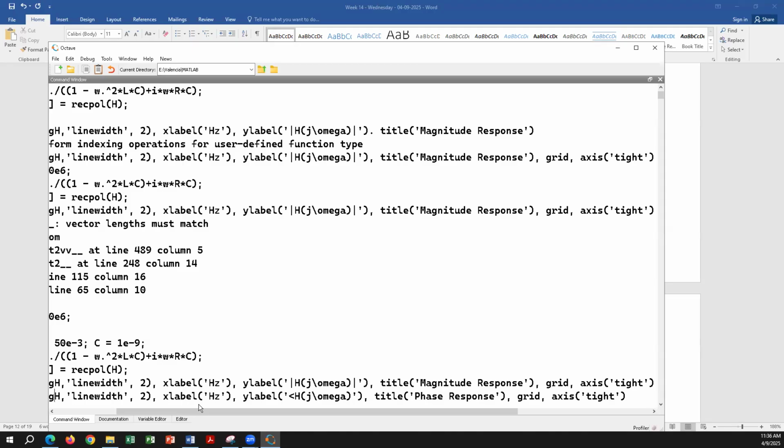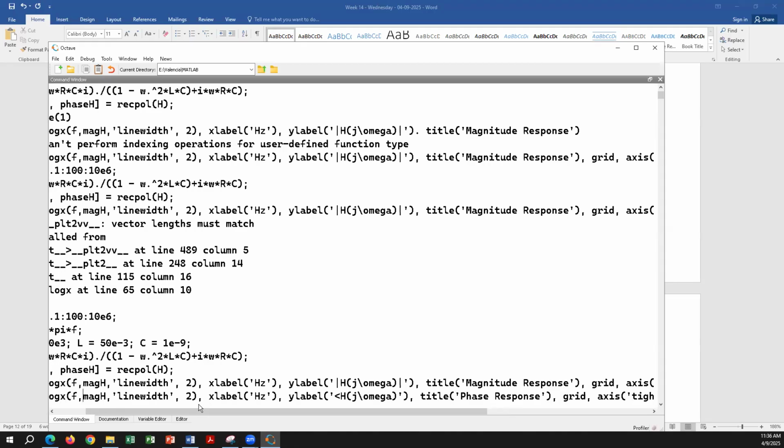This is phase of H, and I'll plot it with a different color.